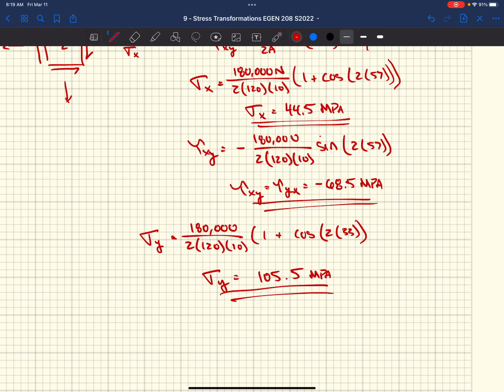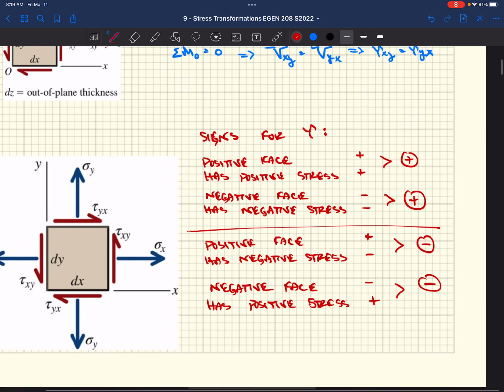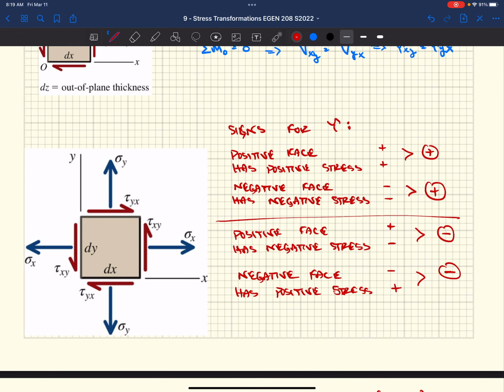Yeah. So if we go back to right here and just review the sign convention a little bit, right? When we put coordinate axes on a block, we've got an x coordinate and a y coordinate, right? And those coordinates denote whether we're on the positive face or the negative face of the block, and if the shear stress is acting in the positive direction or the negative direction.